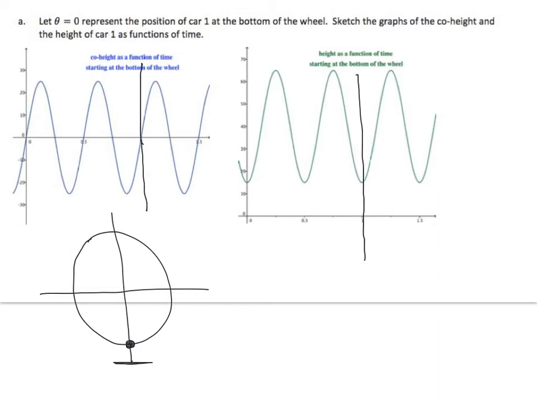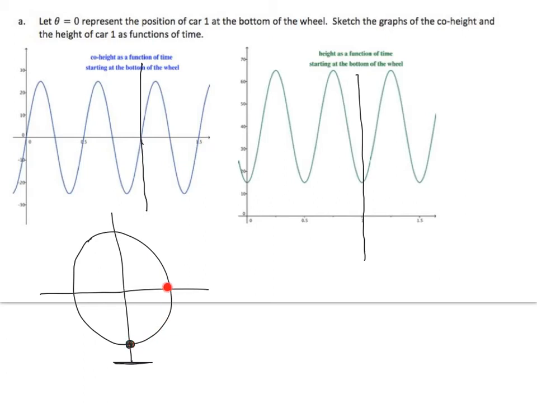So if we look at the co-height, remember that's the horizontal distance. We're at 0. Okay, 1 minute, we should be back to 0. 2 full turns per minute. So sorry, at half a minute, we should be at 0, and another half a minute, we should be at 0. So this is half a minute.